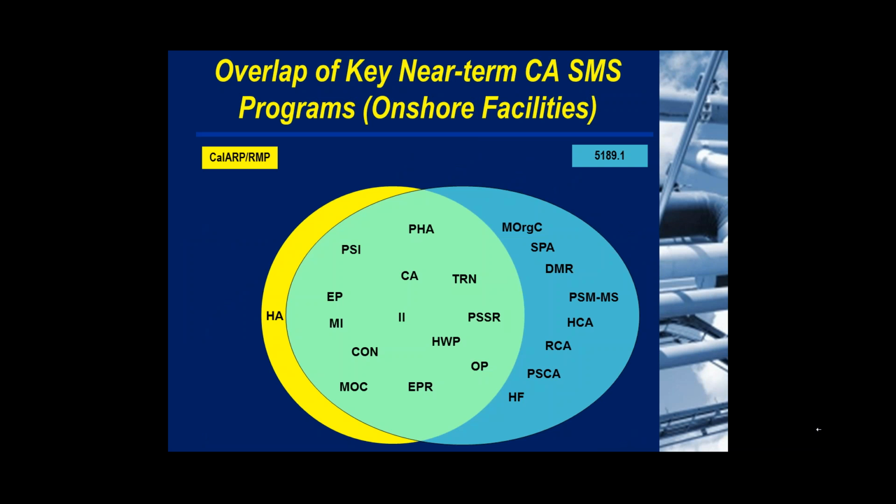A pivotal event occurred in 2012, and there have been a lot of activities by the agencies to take a fresh look at these programs, PSM, RMP, and related programs, and to identify other elements needed to fortify mechanical integrity and process hazard analysis. At the federal level, EPA and OSHA have put out requests for information that identify a number of topics they're proposing might be beneficial, and they'd like feedback from the public, other agency personnel, and industry.